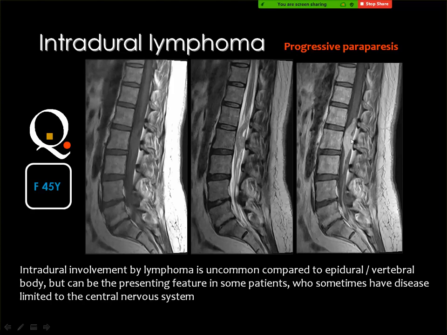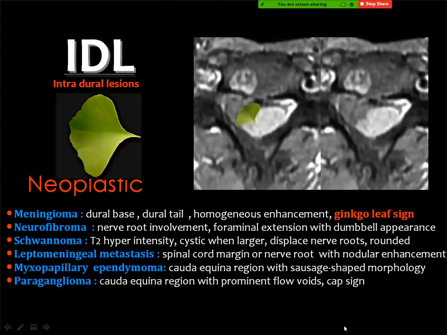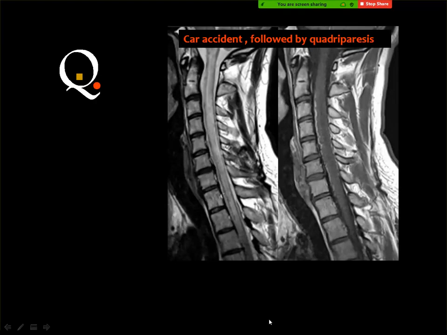But this happens to be an intradural lymphoma. You may consider in the differential diagnosis, I mean, if you are confronted by a case of an intradural lesion, the common lesions are meningioma, neurofibroma, schwannoma, metastasis, ependymoma, and paraganglioma.